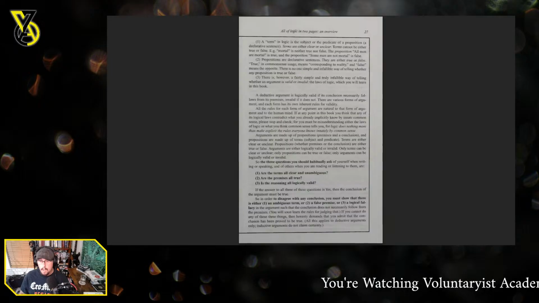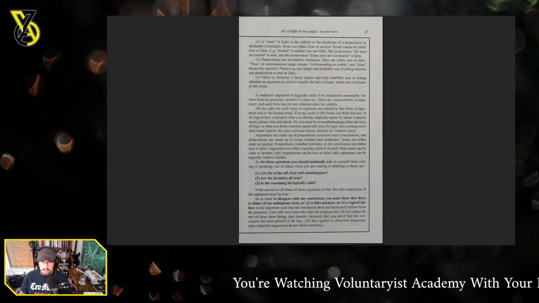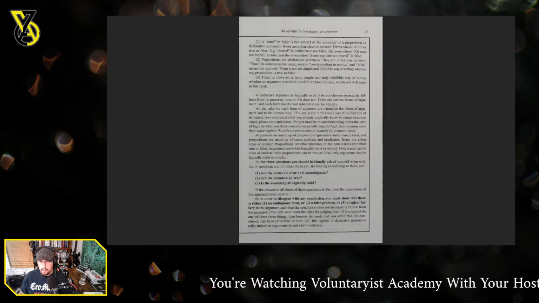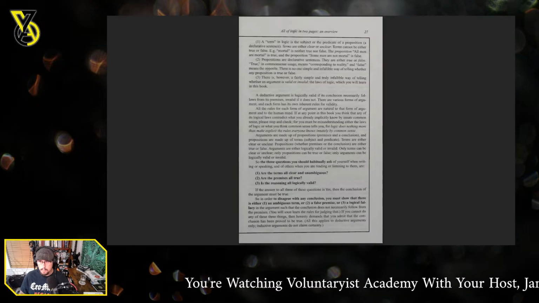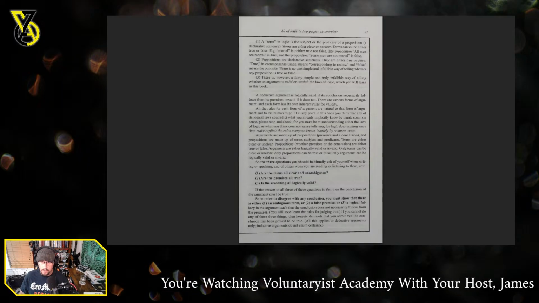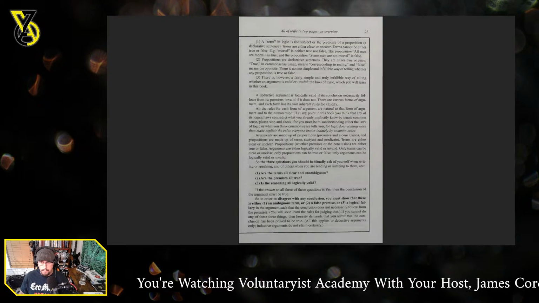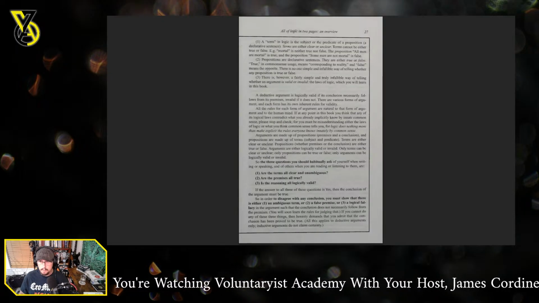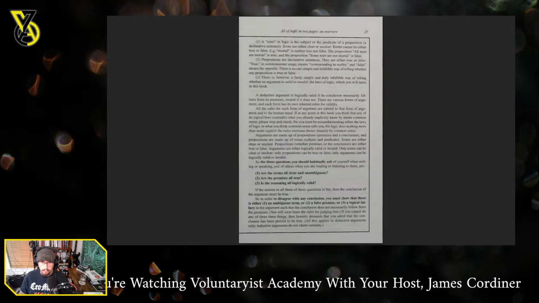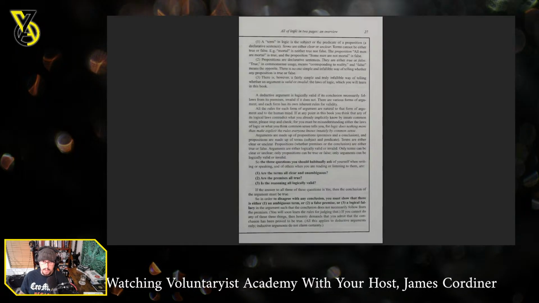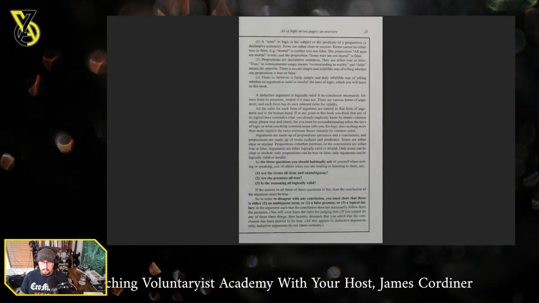So, number 1, a term in logic is the subject or the predicate of a proposition, a declarative sentence. Terms are either clear or unclear. Terms cannot be either true or false. An example, mortal, is neither true nor false. The proposition, all men are mortal, is true, and the proposition, some men are not mortal, is false.